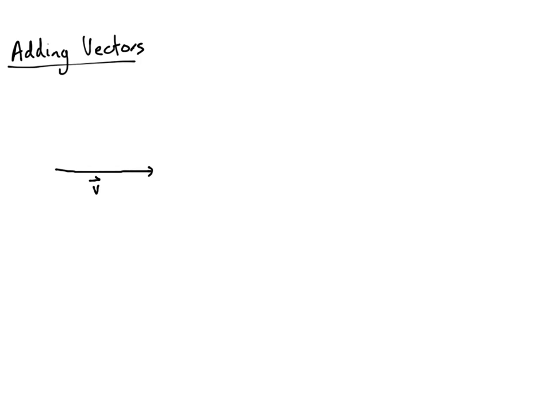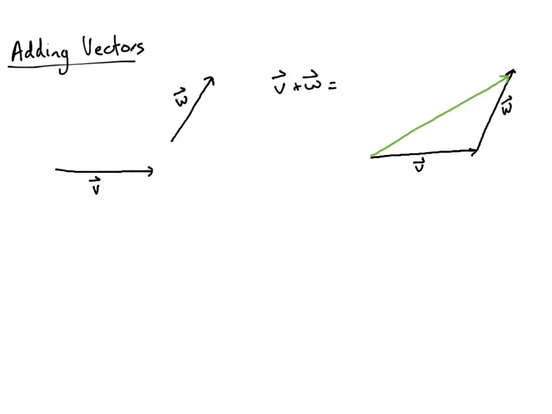And then let's say I had this vector W. If I wanted to add V plus W, I would draw vector V like this, and then I take vector W, and I put the tail of vector W and attach that to the head of vector V. And so this vector right here is V plus W. And we call this the resultant vector. It's just the result of adding these vectors together.